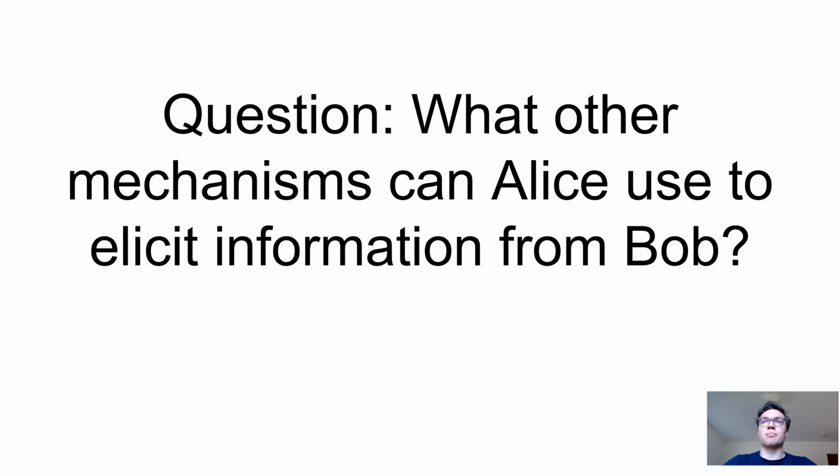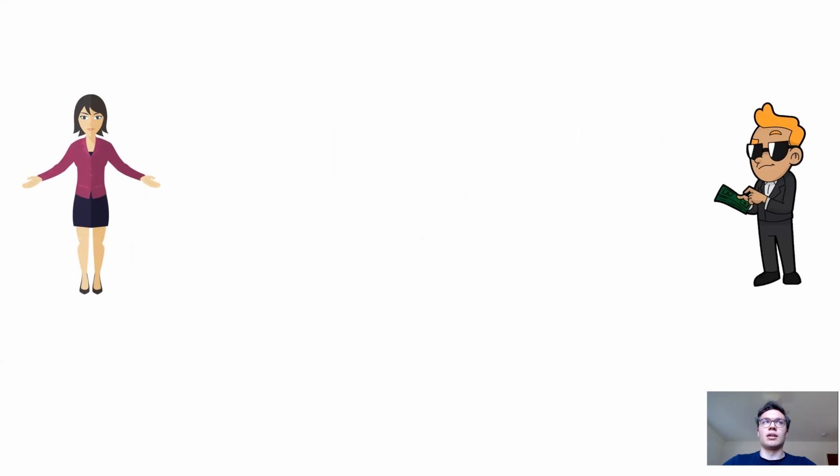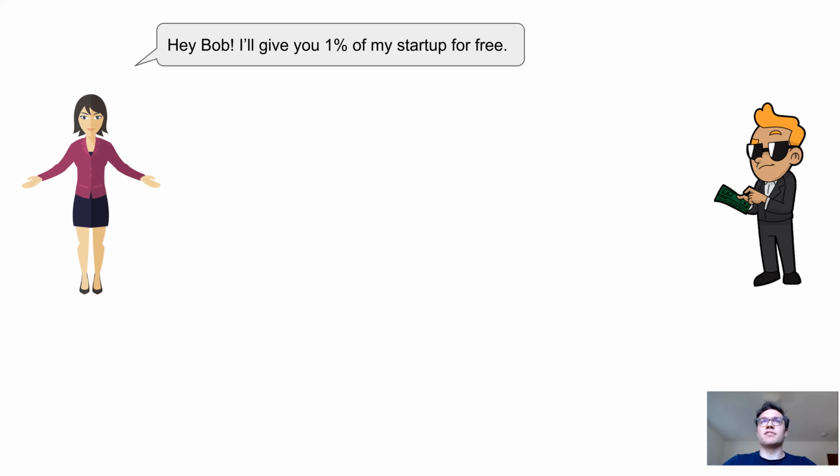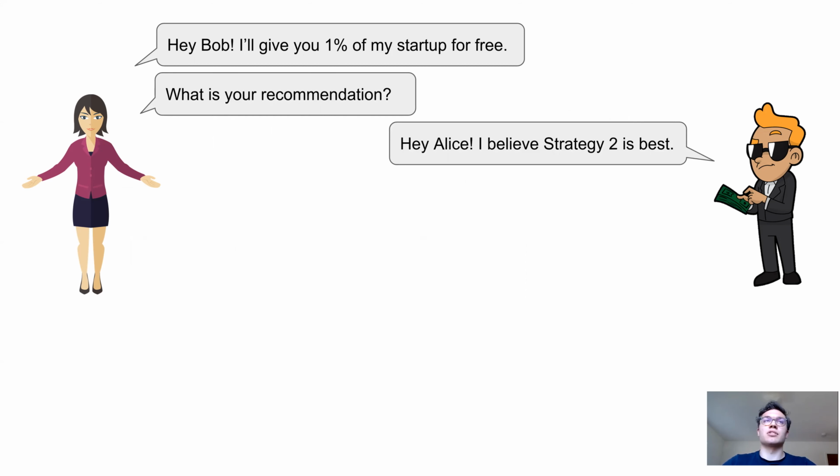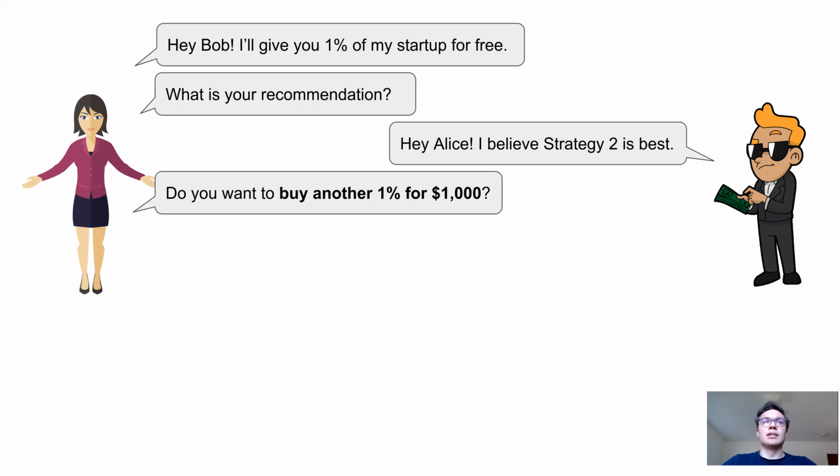The question we ask in the paper is, what other types of mechanisms can Alice use to elicit information from Bob about the different strategies for a startup? Here's another example mechanism. Again, Alice starts by giving Bob some share in the startup, let's say 1%, and then asks for a recommendation, which Bob provides honestly for the same reason as before.